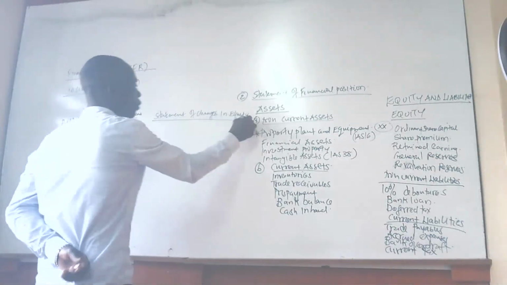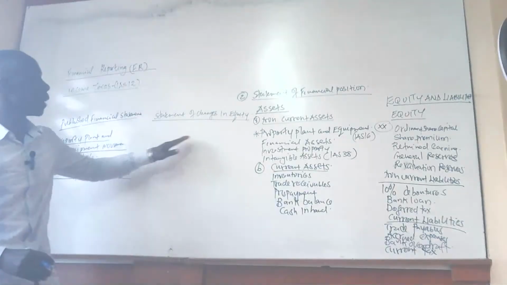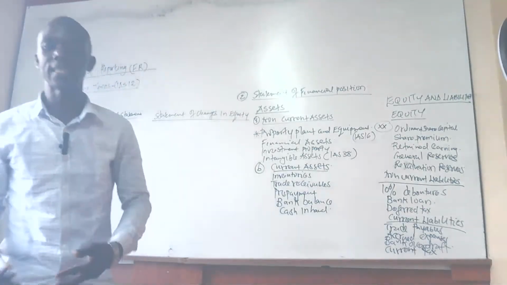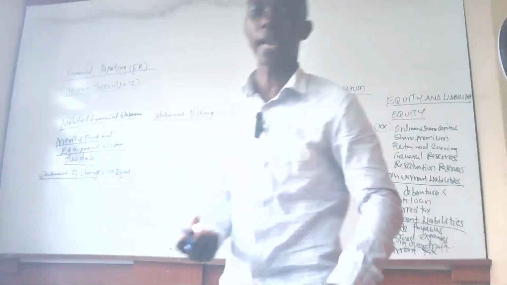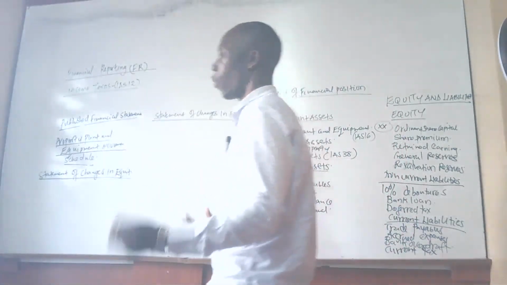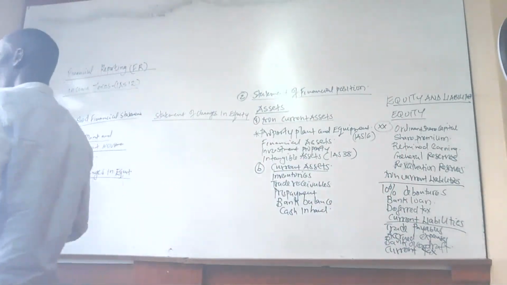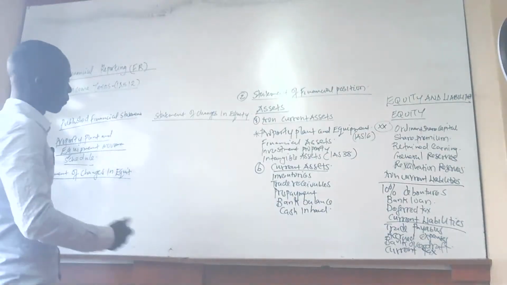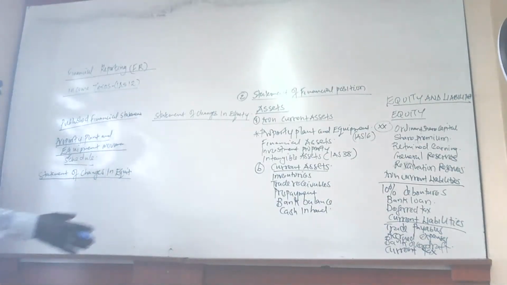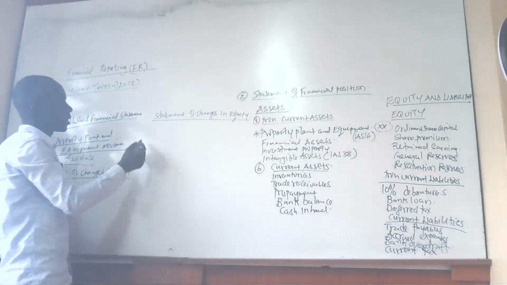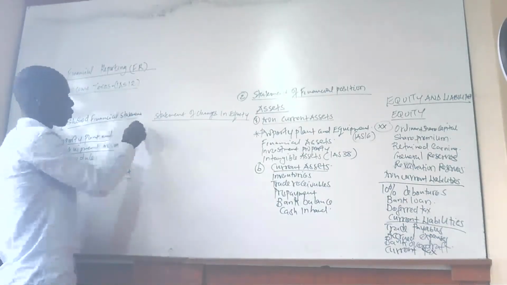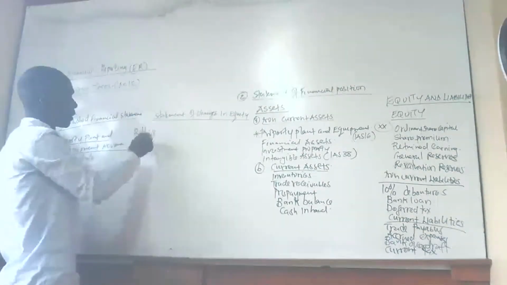In most cases, what you should understand is that when we talk about equity, this is the shareholders' fund. The owners of the company. What do the owners own? The shareholders' fund. And this is how you prepare the statement of changes in equity. We normally start with the balance brought down.